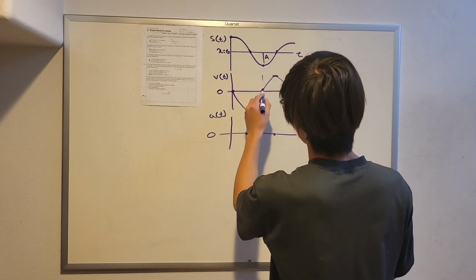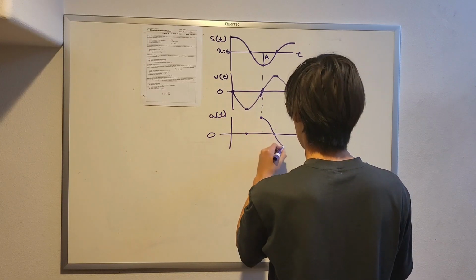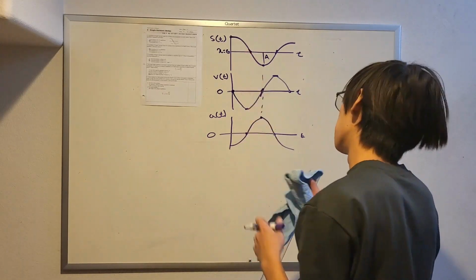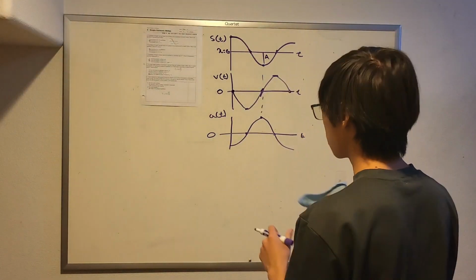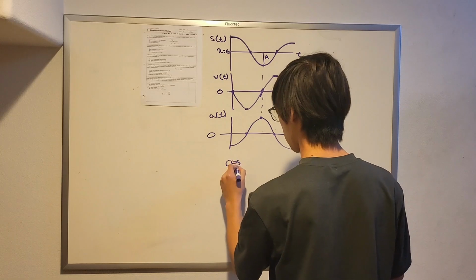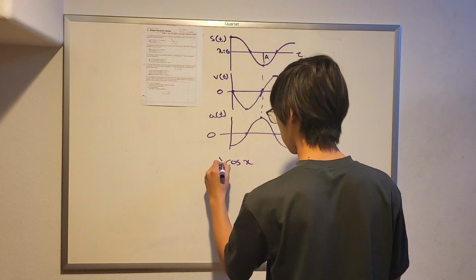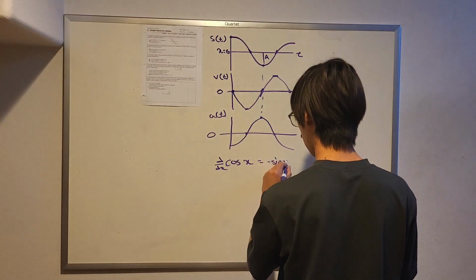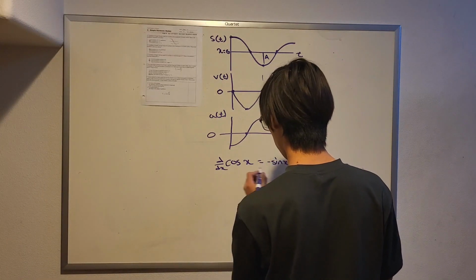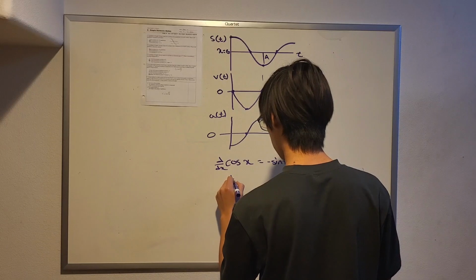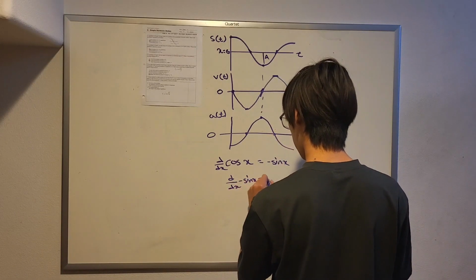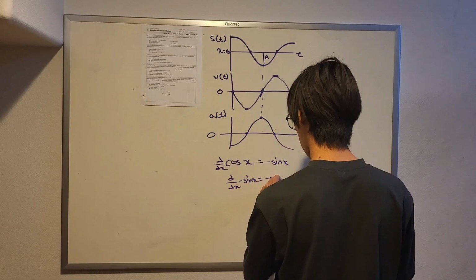So if we have it like this, and this is positive, it's going to look like this. So it's exactly the first one, but flipped. And this makes sense if you know calculus, because cosine of x, if you take the derivative, is equal to negative sine x. And then if you take the derivative of that, so we have d/dx of negative sine x, we get negative cosine x.